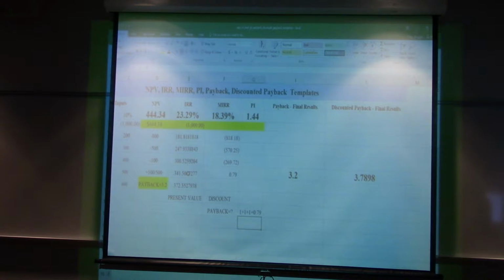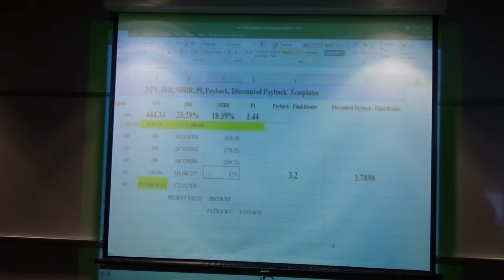After year 3, you still have $269 of debt. But in year 4, you make $341 profit. So it takes you 0.79 of the 4th year to pay off your debt. So the answer should be 3.79.